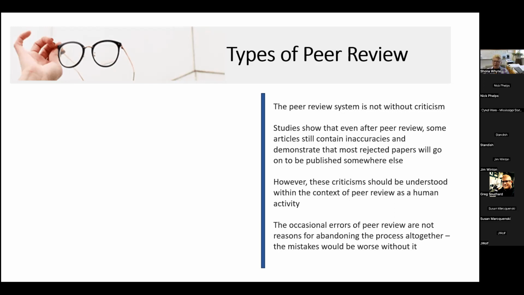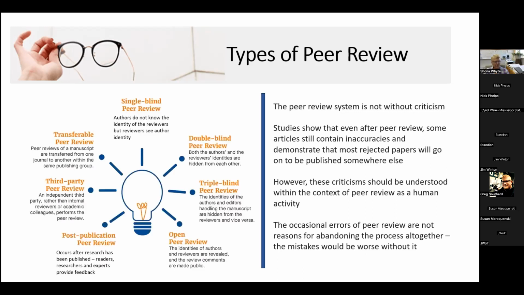And so there are going to be errors and inconsistencies in the process. However, considering all that, it's not sufficient to just get rid of the process altogether, which some groups do advocate for. So the types of peer review, there are a number of different types.